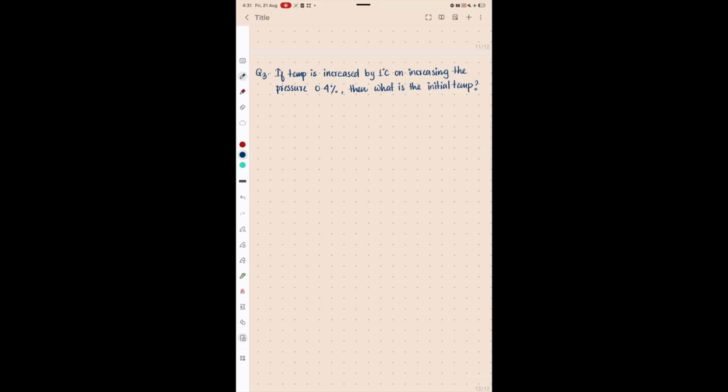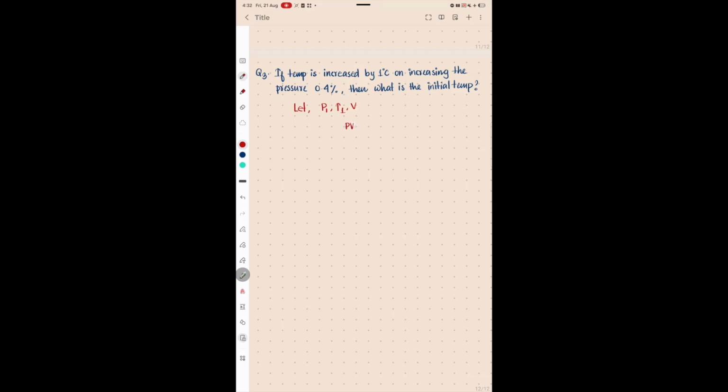Okay, let's try. So let's start. Let the initial pressure be P1, initial temperature T1, and let's say the volume is V. What is the ideal gas equation?